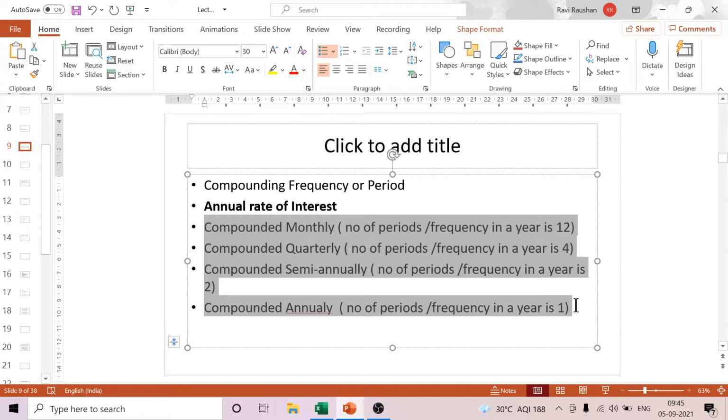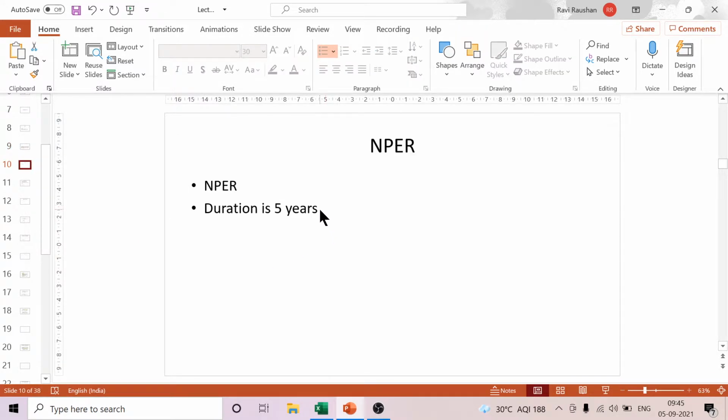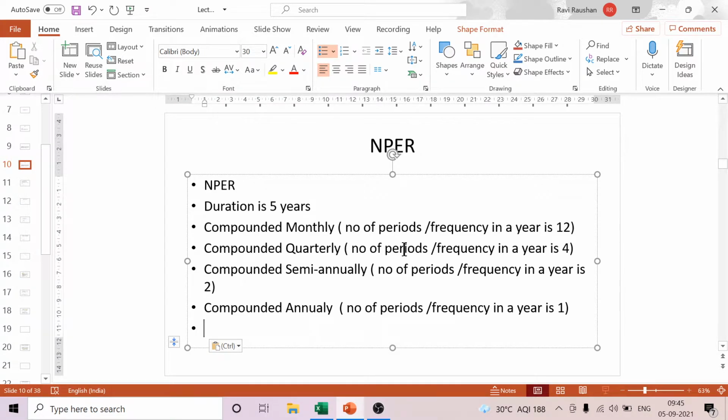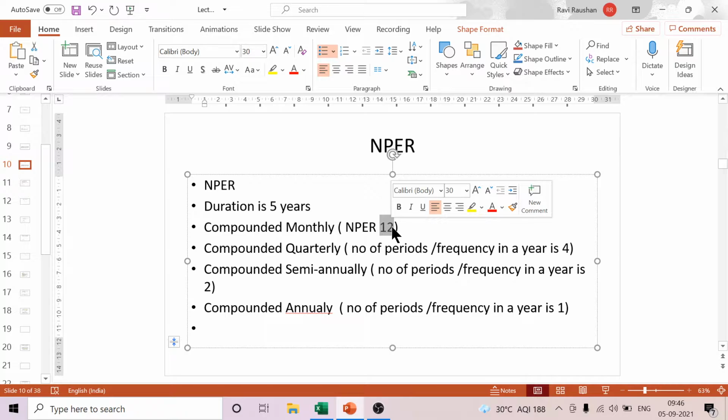So let me take this compounding here to make it understood. If it is 5 years, whatever the rate of interest, and it is compounded monthly, then NPER here will become 60. 12 into 5, 60 periods you have.